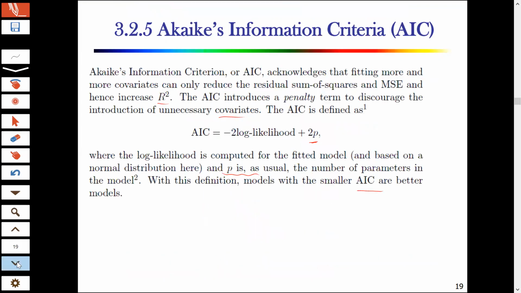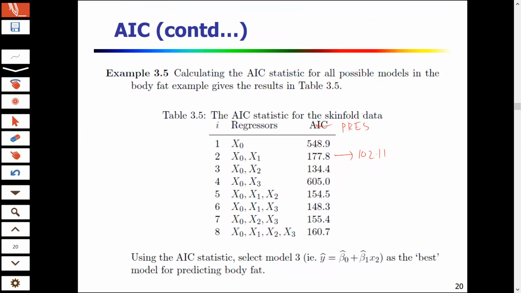And based on the press here, we can see model 3 is 134. This is the lowest one. So this is the best. So based on both press and AIC, the model that includes only the X2 covariate is the best model.